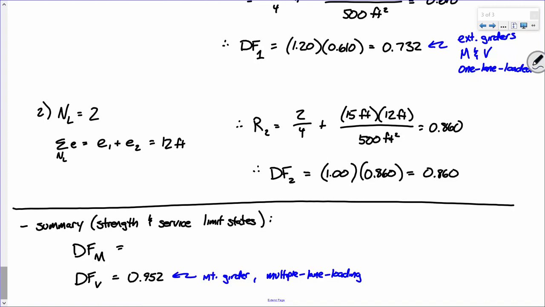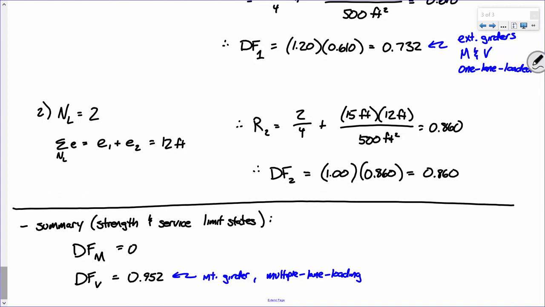Now, for moment, you said 0.84. I think there's something a little larger. Hint, it's up there right now. 0.86. The 0.86, the 2 lane loaded scenario that we got from special analysis. Remember, those are for moment and for shear.